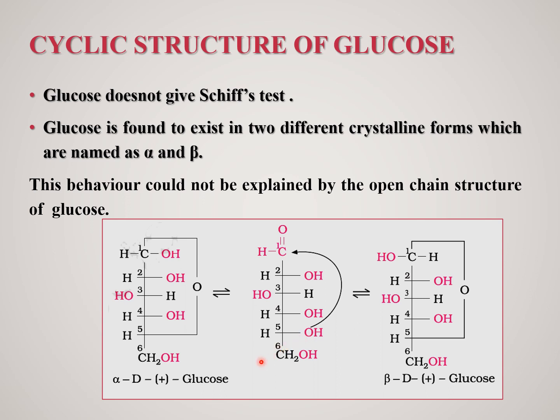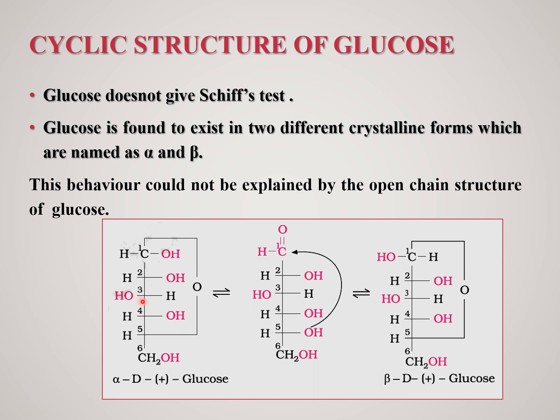I want students to concentrate on the alpha-D-plus-glucose structure. Let's compare this structure with the open chain structure next to it. Let's observe. Carbon number 1 has got H on the left and OH on the right. Carbon number 2 has got H on the left and OH on the right, very similar to the open chain.